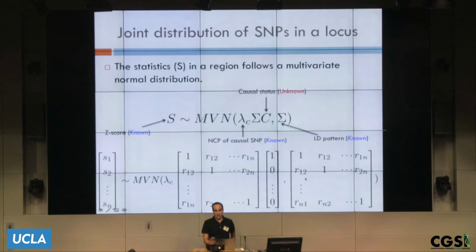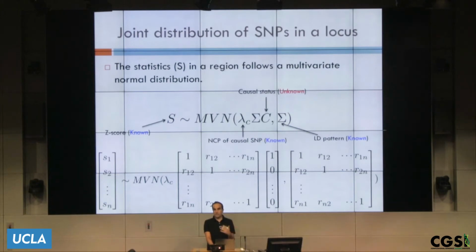I know I'm building up to this, but the second review in there really goes through all the derivation. But what is this saying? This is basically saying that the distribution of the SNPs in a region will depend on 2 things.